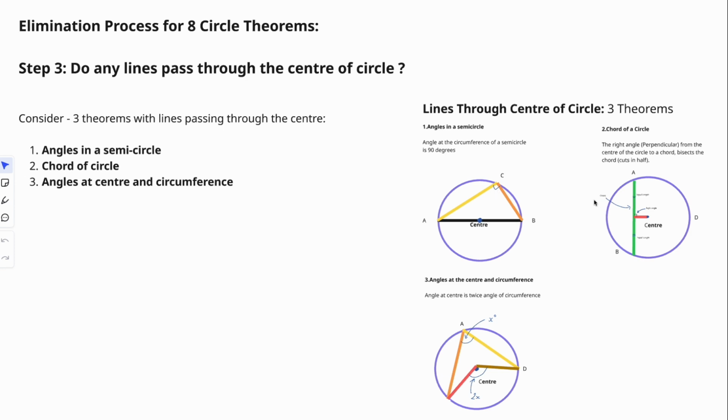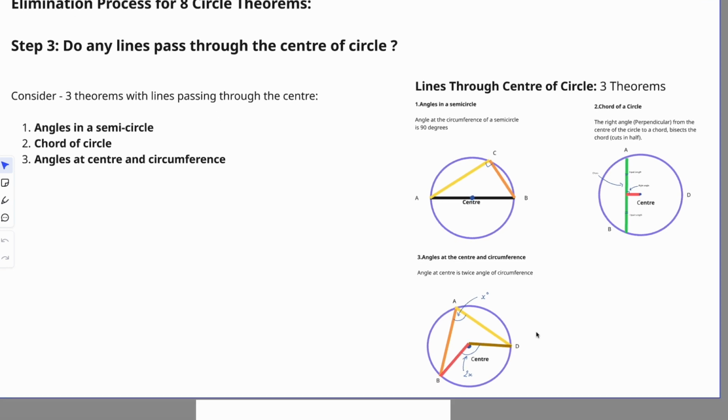The second theorem is the chord of a circle, where the green line, or the chord, is cut exactly in half, or bisected, by the red line from the center of the circle to the chord, and you therefore have 2 lines of equal length and a right angle at the point where the red and the green lines meet. And the third theorem is the angles at the center and circumference.